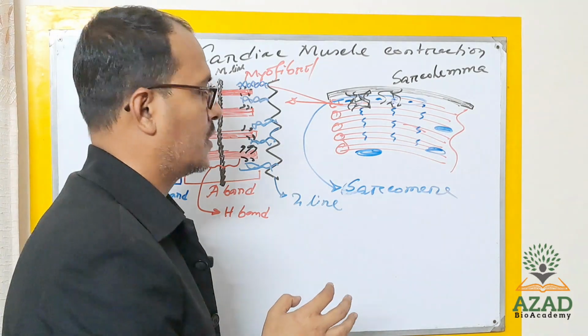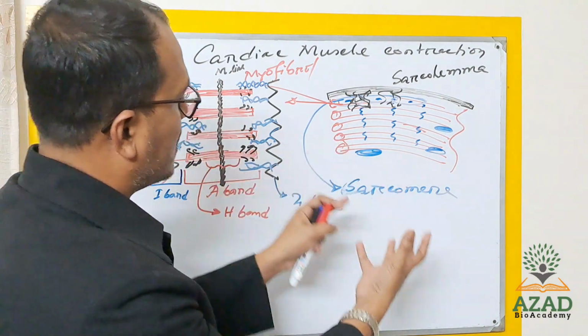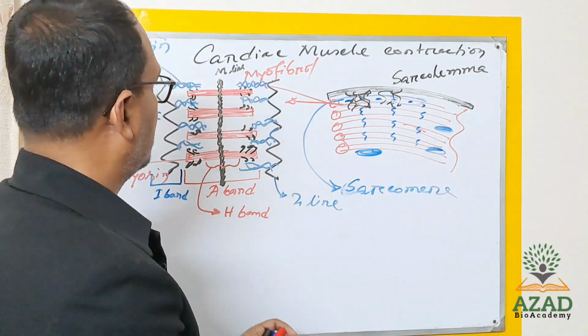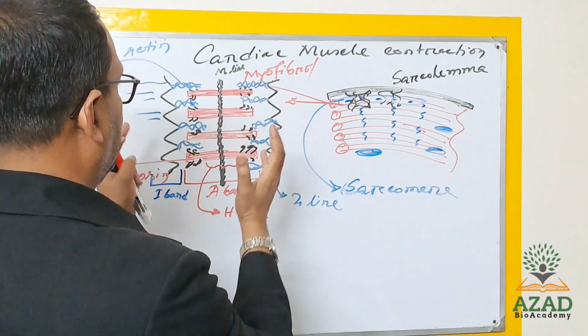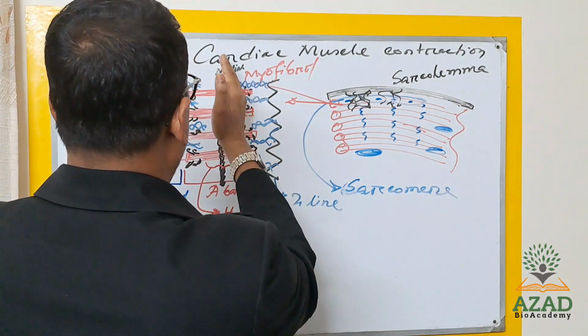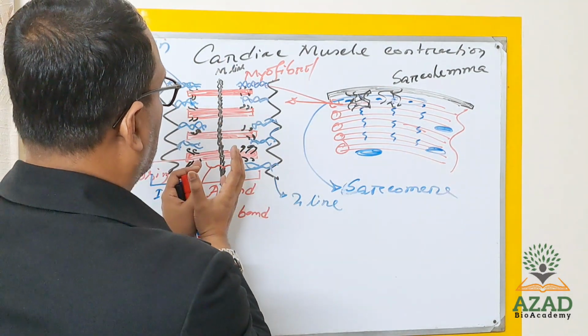So what will happen if cardiac muscle contraction is necessary? The actin and myosin will try to come towards the M zone, and that will cause contraction.